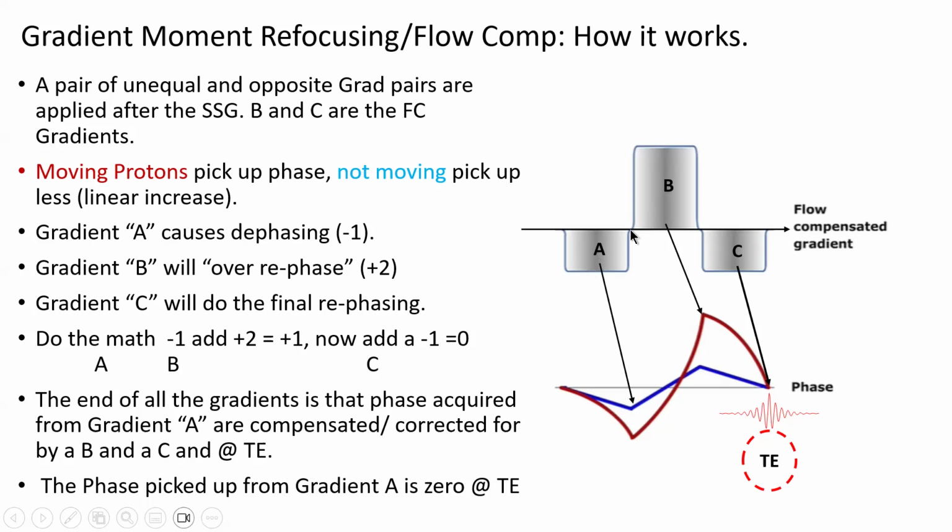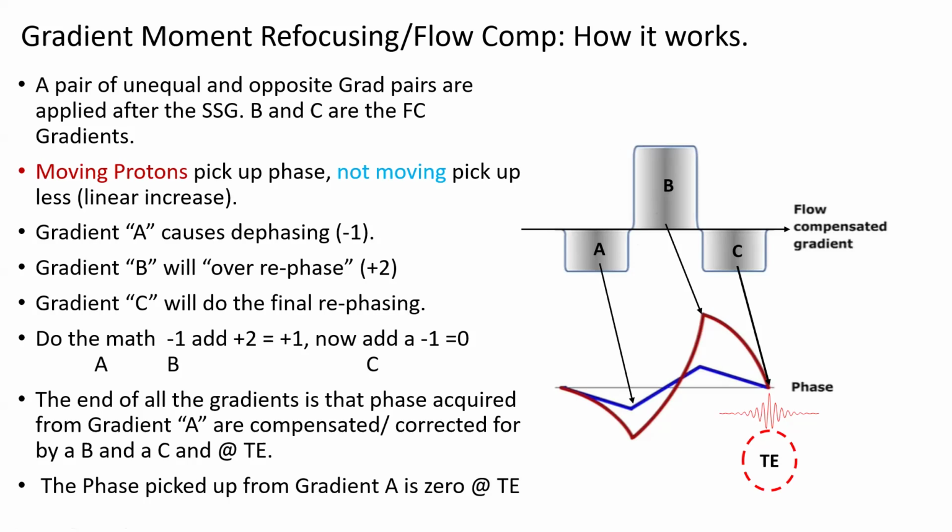Below the line is minus, above the line is plus, and the height is amplitude. So a -1. Then we're going to turn on a +2 to overcompensate. And then we're going to turn on an opposite polarity, a -1. And at TE, things are going to be in phase and you won't get that pulsatile flow from veins.